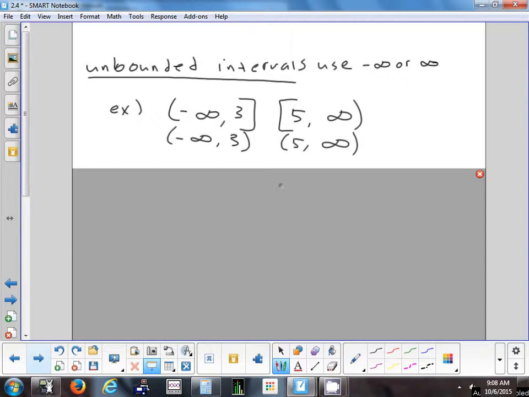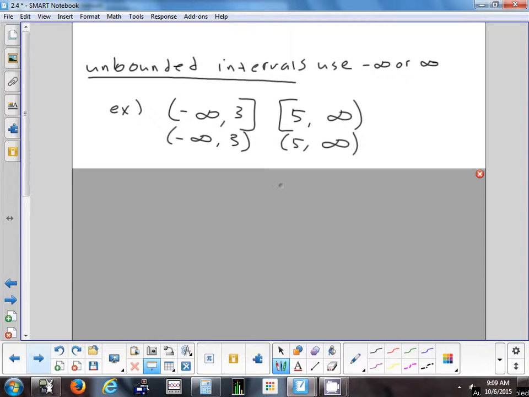All right, so this first one in the upper left is saying all numbers from -infinity up to and including 3. The one below it is saying all numbers from -infinity up to 3, not including 3. So you can go up to like 2.9 repeating. On the top right one, this is saying all numbers from 5 to infinity, including 5.